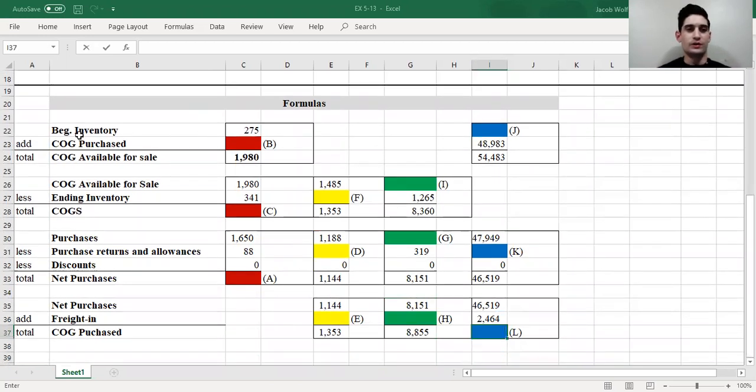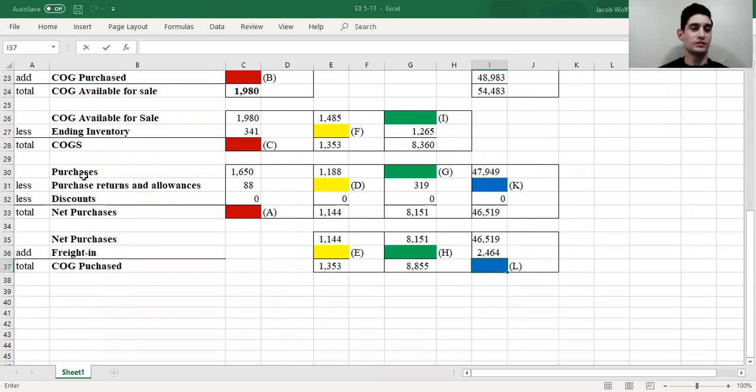You can see there's a beginning inventory plus cost of goods purchased equals cost of goods available for sale. There's a formula that's cost of goods available for sale minus ending inventory equals cost of goods sold.